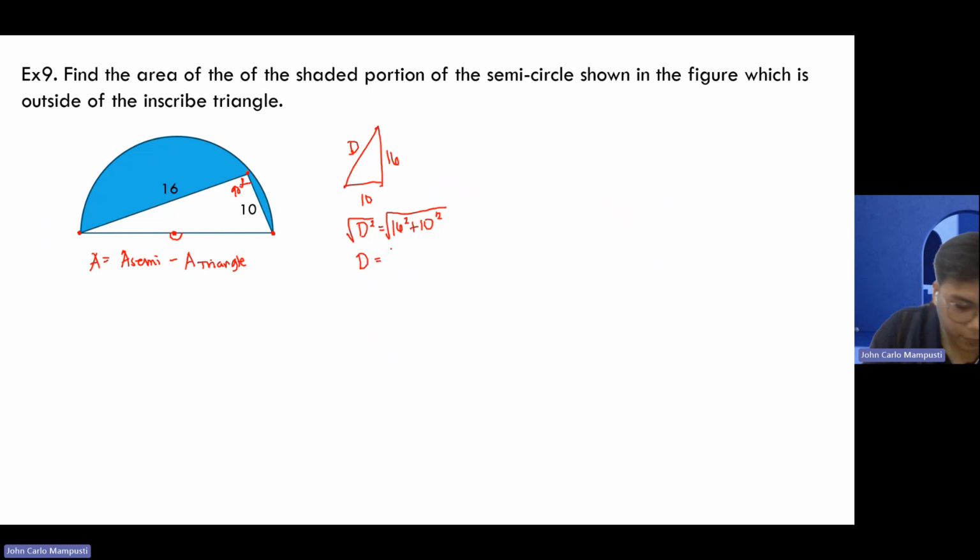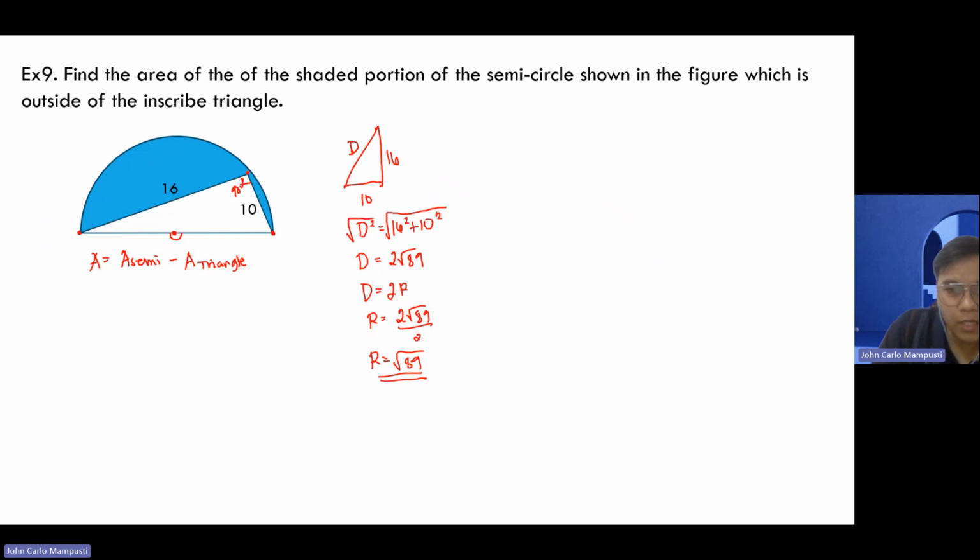D is equal to square root ng 16 squared plus 10 squared. This is equal to 2 square root of 89. Okay? So remember that d is equal to 2r. Ibig sabihin, to find r, divide nyo lang ito ng 2. So therefore, this is equal to 2 square root of 89 divided by 2. R, or radius, is equal to the square root of 89. Okay? So yun na yung ating radius.